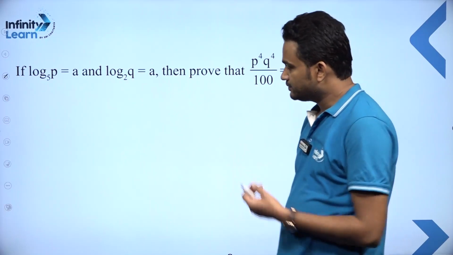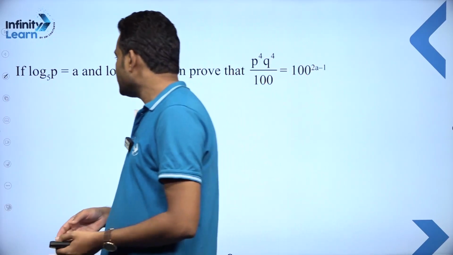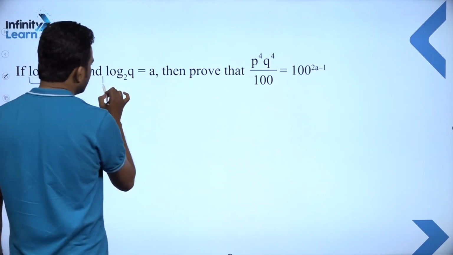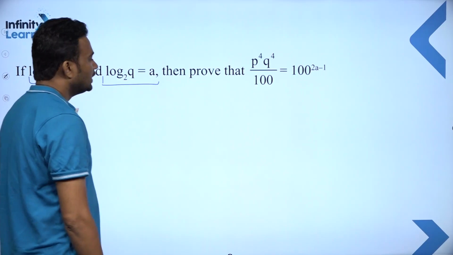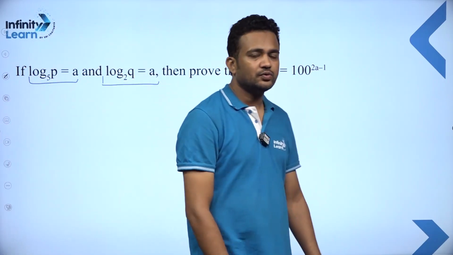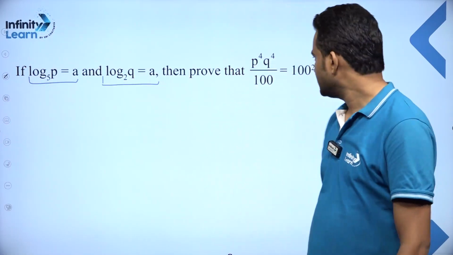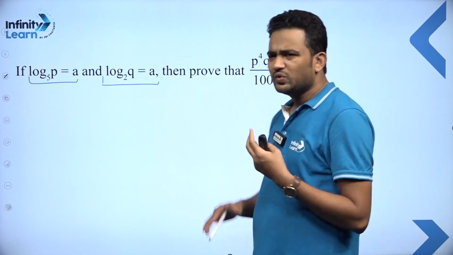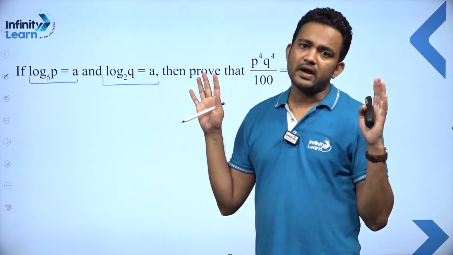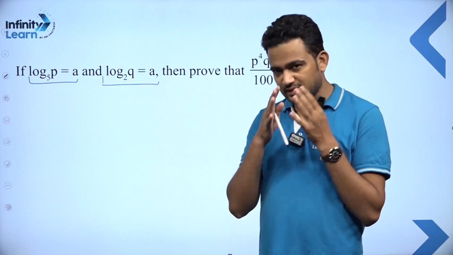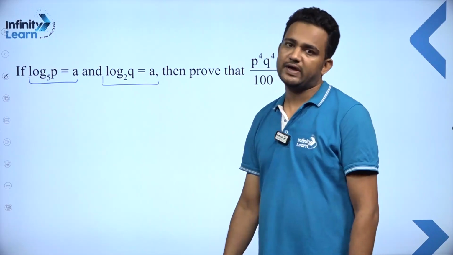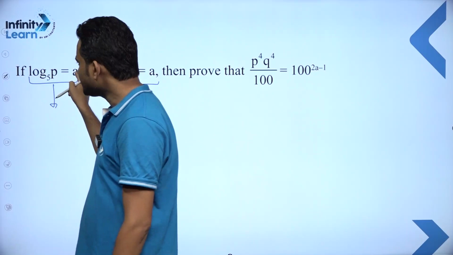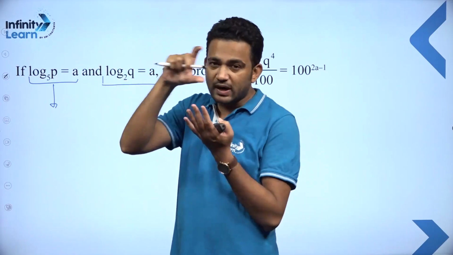Now the next question. Again we have the question: if log p base 5 is a, log q base 2 is a, then prove that (p power 4 into q power 4) divided by 100 is 100 power 2a minus 1. So no need to panic, just simply convert these logs into exponents.